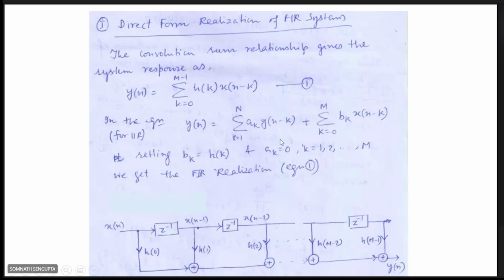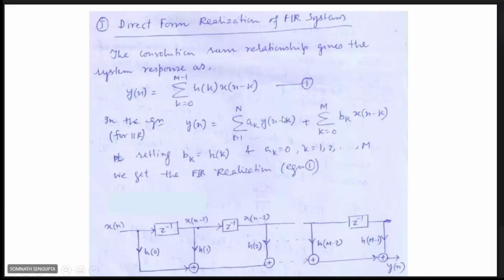If you see the difference equation that we earlier discussed, the general difference equation is this one: sum of a_k y(n minus k) plus sum of b_k x(n minus k).